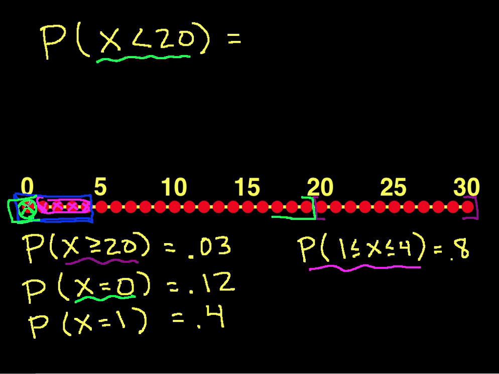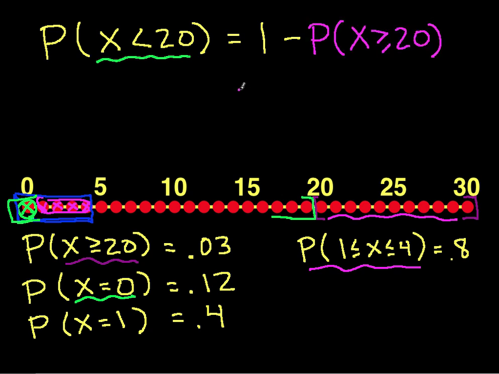The way to do this is I can say the probability that X takes a value is 1, and I can subtract from that the probability of the values that I'm not interested in, that is, all these up here. So I can subtract the probability that X is greater than or equal to 20. And when I do that math, I get 0.97.